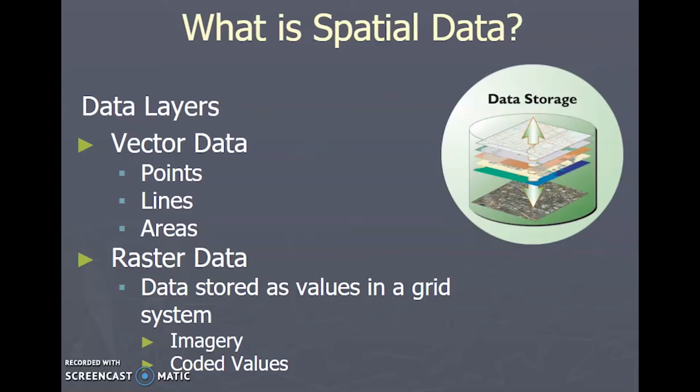If you think about a digital image, if you zoom in close enough to that, you can actually start to see pixels or tiny little boxes, and each box is going to have a specific value in it. So raster data is going to be data stored as values in a grid system. Imagery, sometimes coded values, will also be found in those.